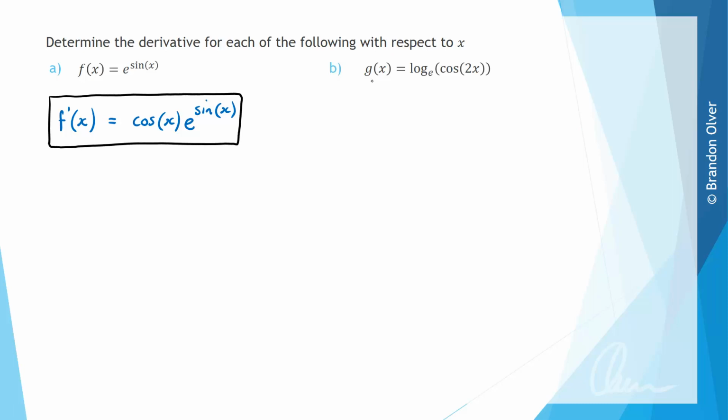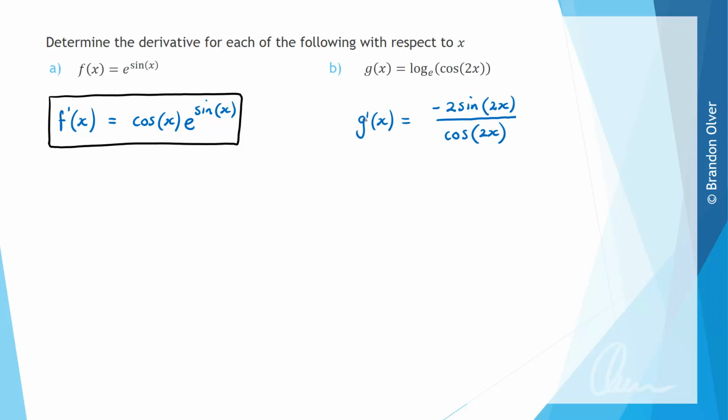So for part B, we have g of x equals log e of cos of 2x. And we simply want to calculate the derivative of this, so we have g dashed of x is equal to, and we're going to derive the inside, so cos of 2x's derivative is negative 2 sine of 2x, and then we divide by just cos of 2x, the original function inside the log.